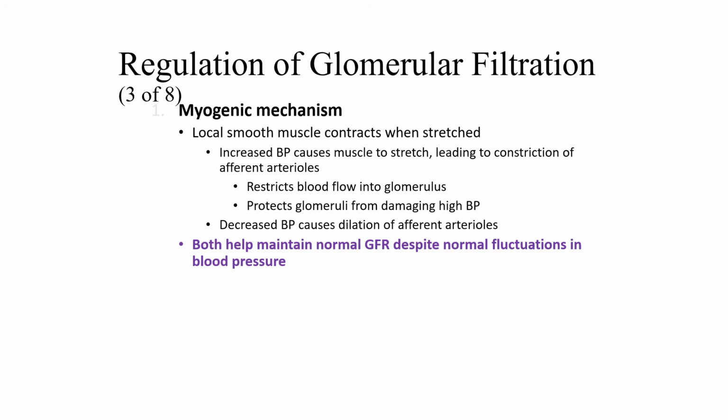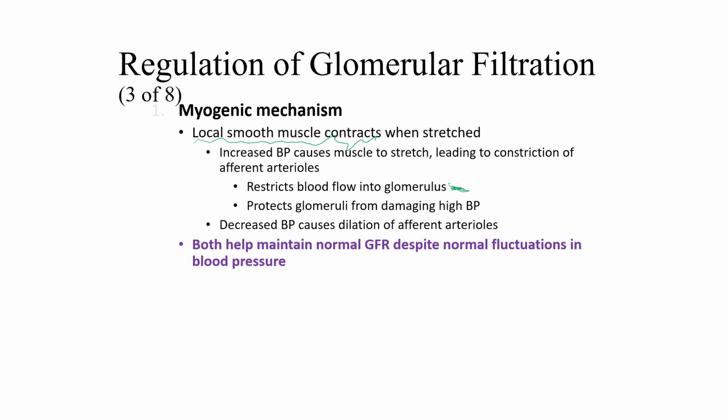Myogenic is basically the little smooth muscle that is going to restrict the blood flow from the afferent arteriole into the glomerulus. Okay? You wouldn't want your blood pressure to be so high that you blow up your little glomeruli.